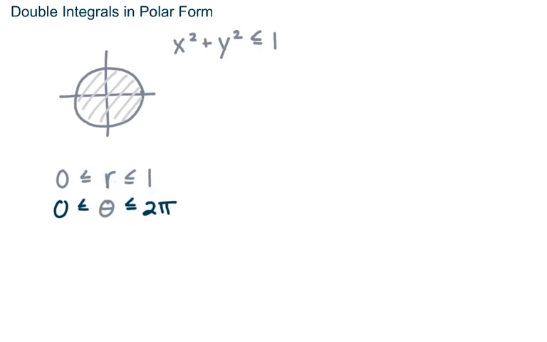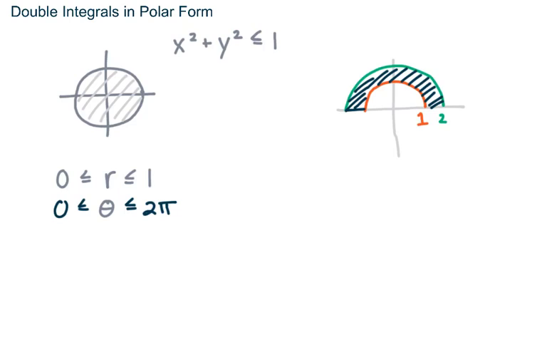Also, let me give you a different example. Maybe we have a region that is defined to look something like this. We've got the space in between these two arcs representing our region, and I'll define the arcs as 1 and 2.